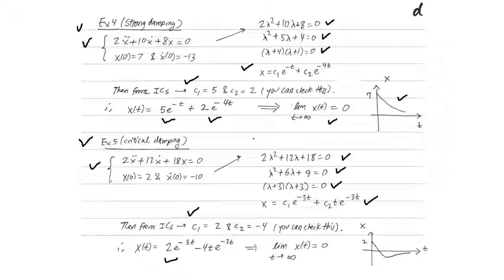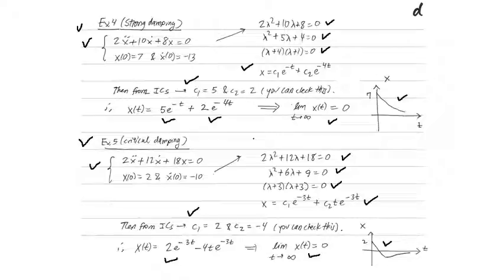Because those guys have opposite signs, we do pass through the equilibrium exactly once in this situation, but again, with the critical damping, we don't really see much of an oscillation happening. Both terms are approaching 0 as t approaches infinity.